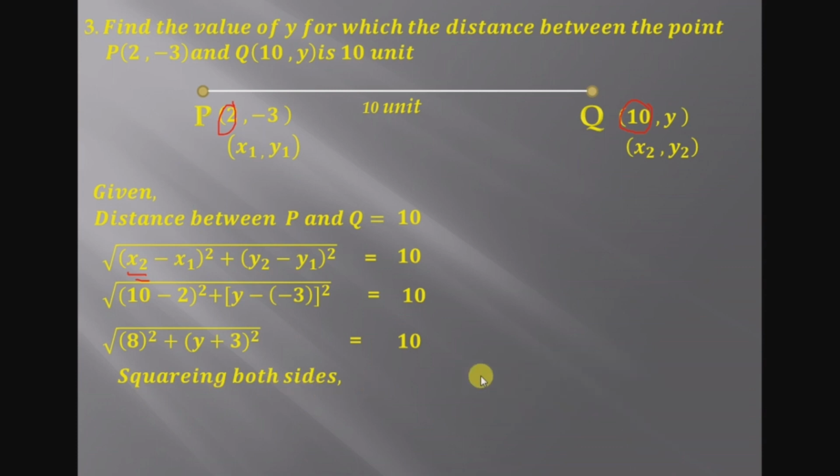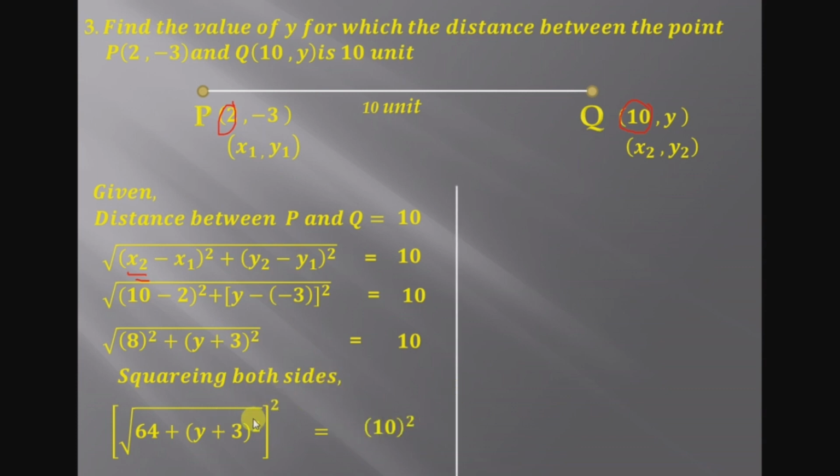Squaring both sides, the square will cancel the square root, so I'll get 64 plus (y plus 3) whole square is equal to 100.